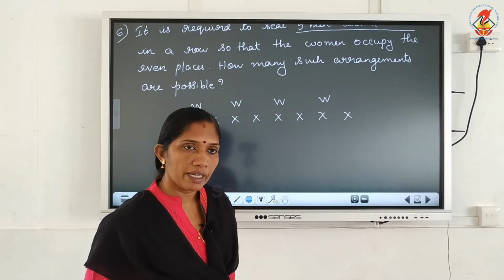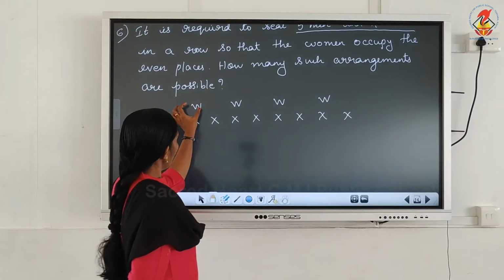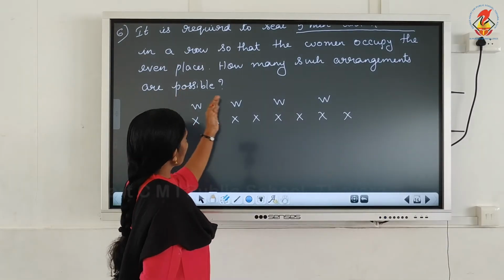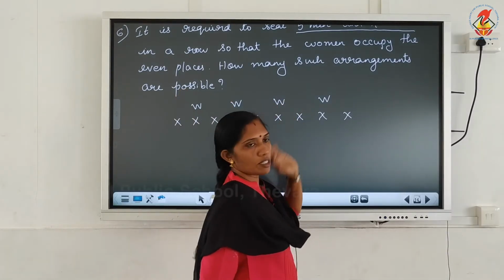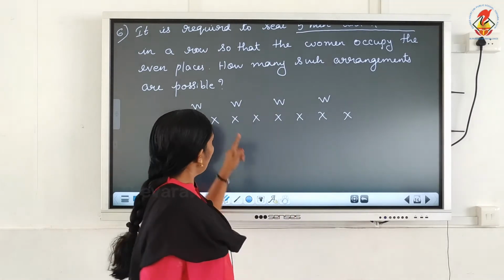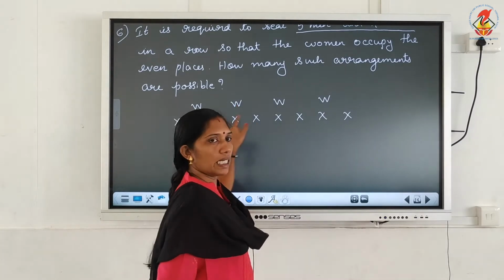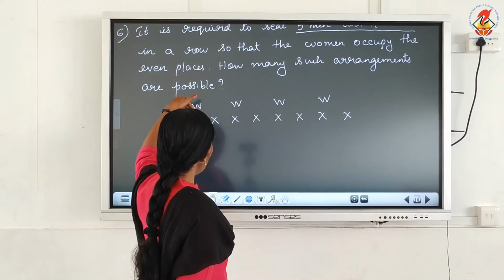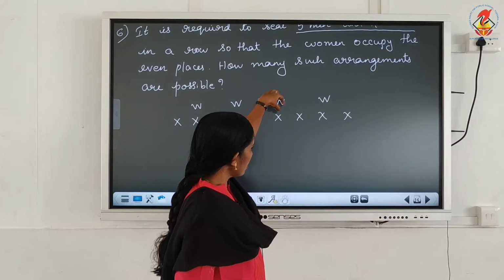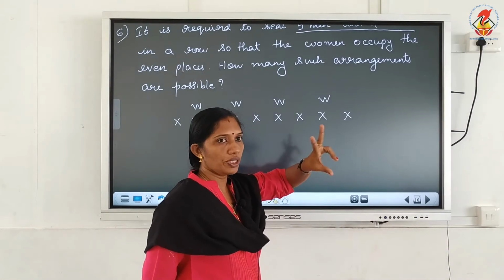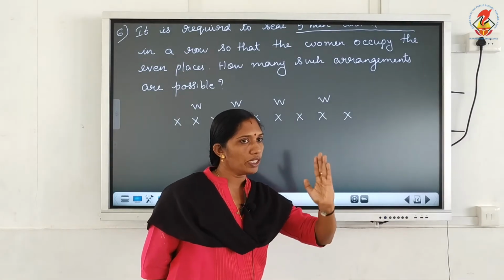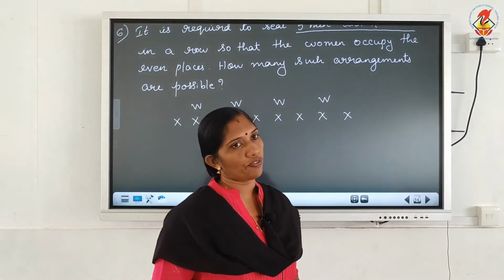Here, one woman can sit in this place or this place or this place or this place. So for the first woman there are 4 different ways. For the second woman 3 different ways, since one is already in this place. Then for the third woman 2 places, and for the last one only 1 place. So 4 into 3 into 2 into 1, that is the same as 4 factorial.